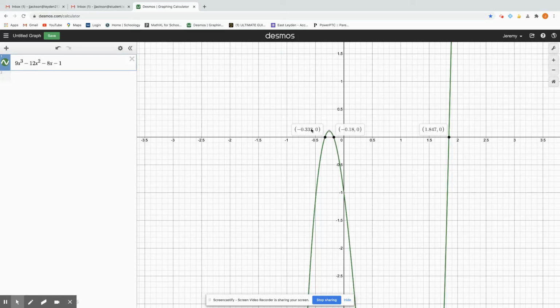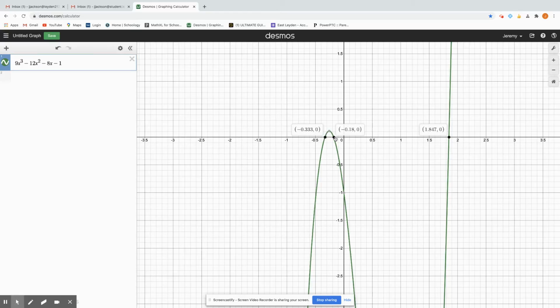So even though the technology does make it easy on us to see these intercepts, we need to be a little bit more skilled and a little bit more precise with our answers, right? So being precise. This 1.847, that's a decimal approximation for this answer, right? When you look at these three decimals, negative 0.333, that should ring a bell, right? This is negative 1/3.